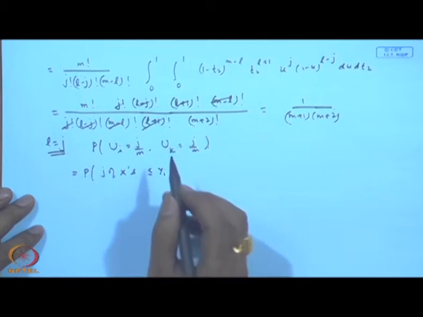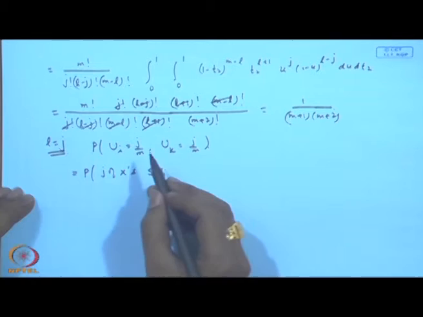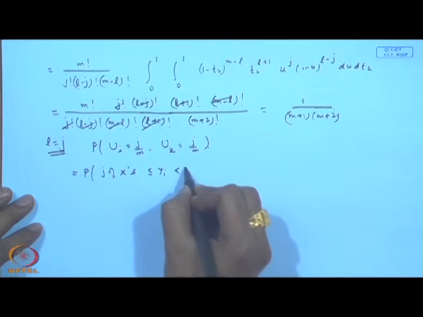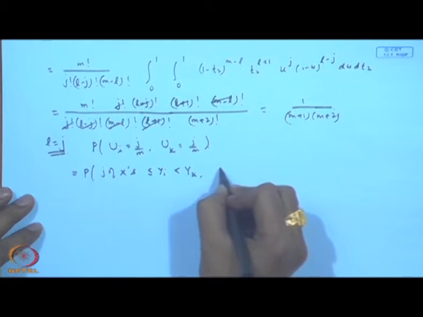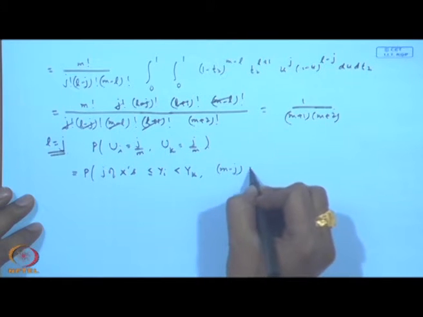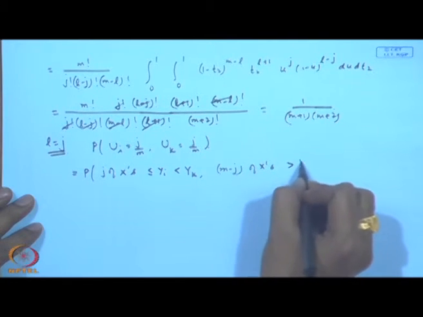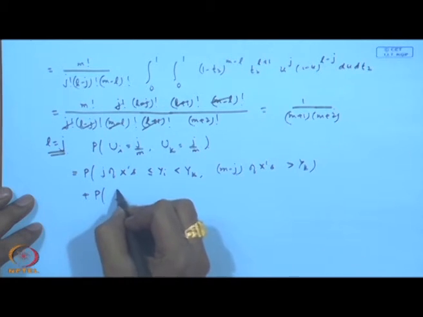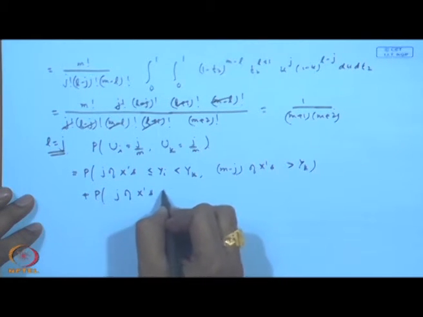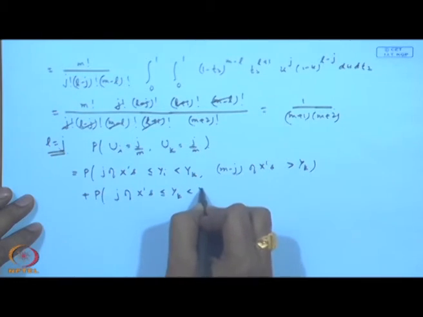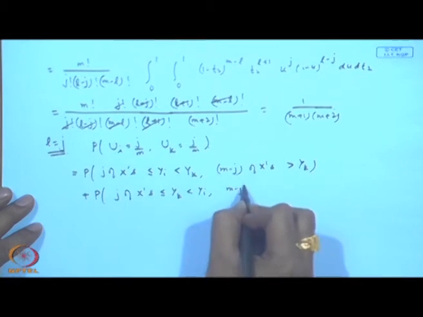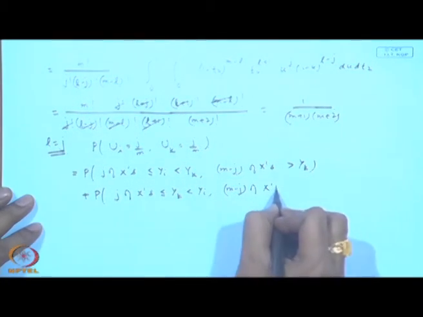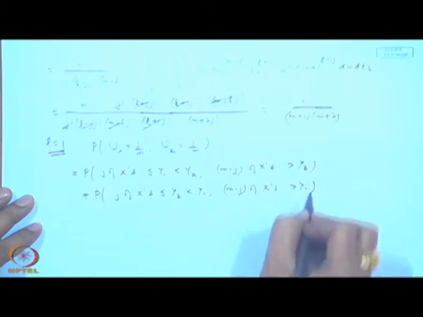It can be that y i is less than y k or y i can be greater than y k. So, let us take this, and then m minus j of the x s are greater than y k itself, or it is the reverse of that, that is j of the x s are less than or equal to y k is less than y i, and then m minus j of the x s are greater than y i.